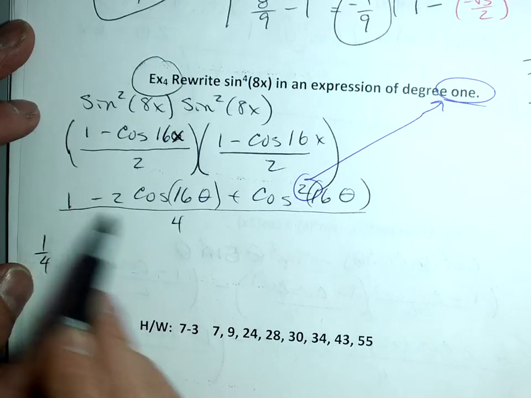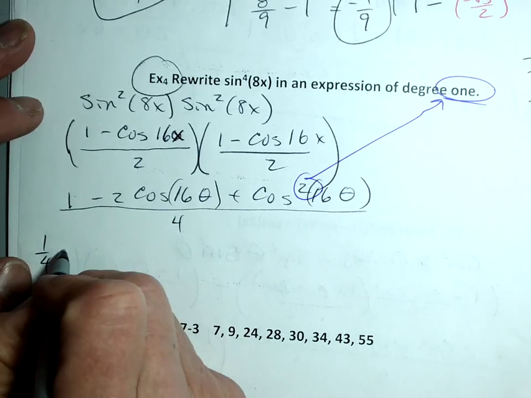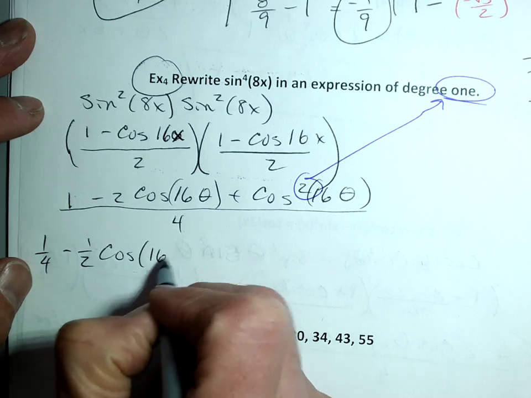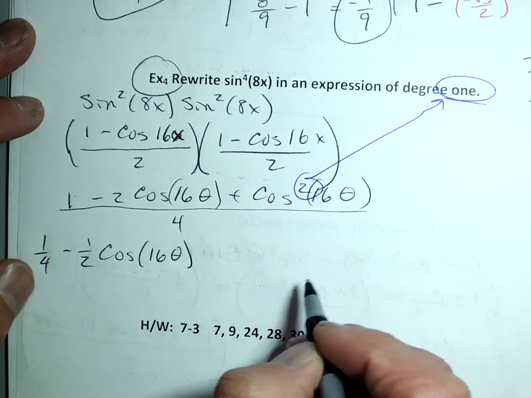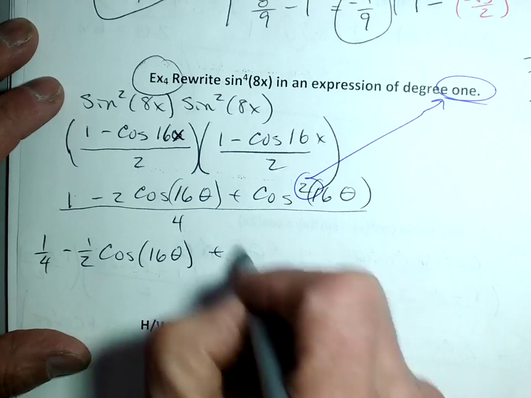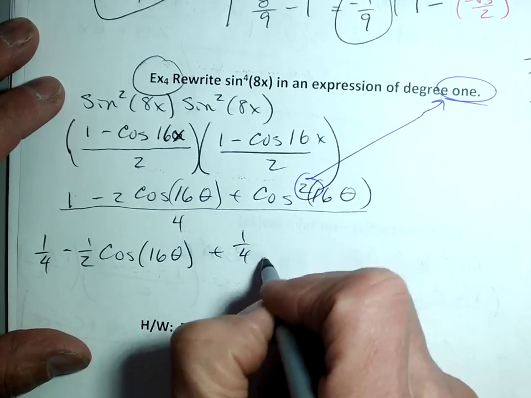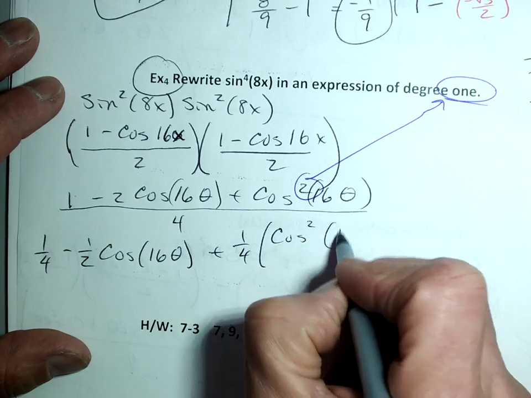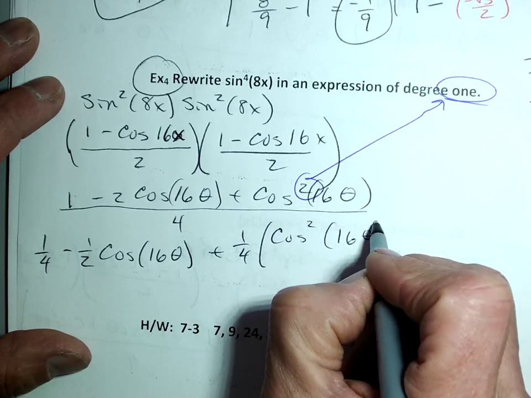You see the 1/4? Minus a 1/2 cosine of 16 theta, right? Plus a 1/4 times my cosine squared of 16 theta, okay?